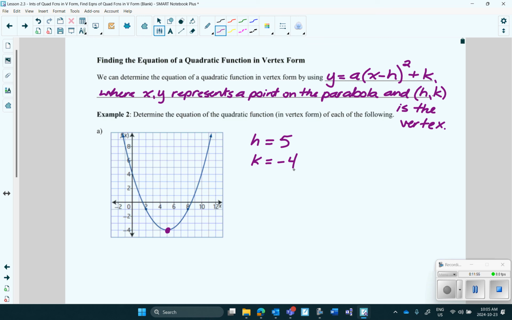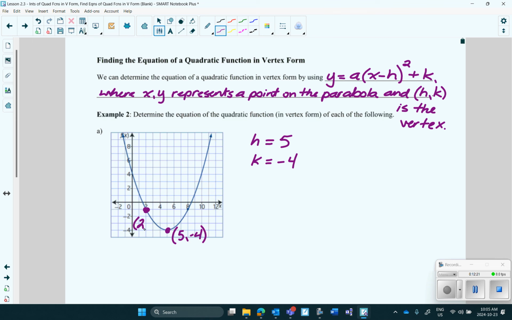This is where I use another point. Because remember, this represents any point, right? Give me a point on the parabola. Another point besides the vertex. What does it look like we see a point? 2, -1? Okay. So here, this is 5, -4.